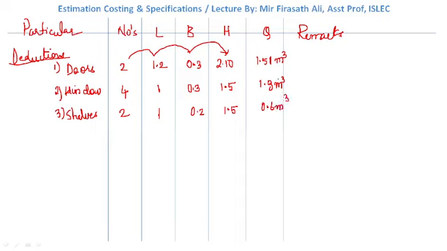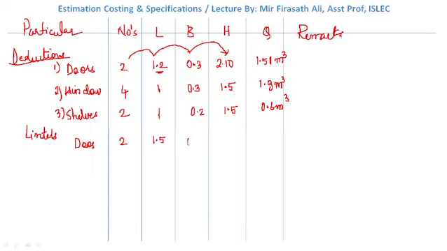Now let us talk about lintels. For doors, how many doors? 2 doors. As 1.2, we will make a bearing of 0.15 on each side. So the length becomes 1.5.